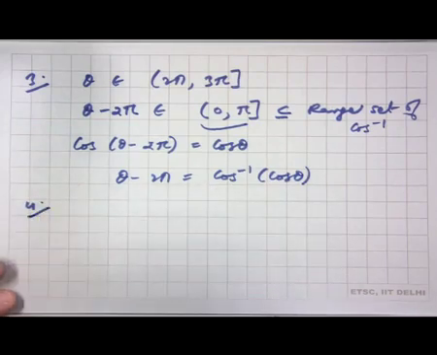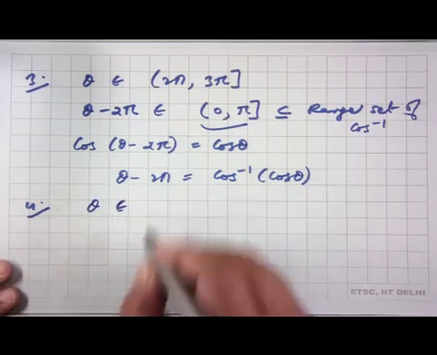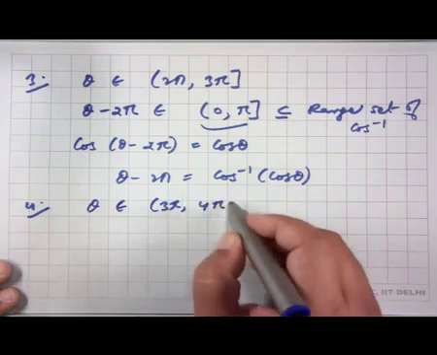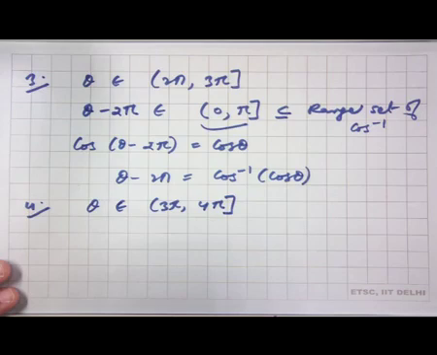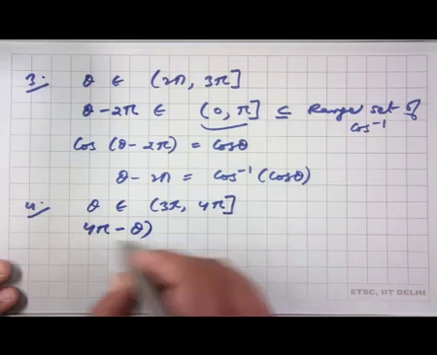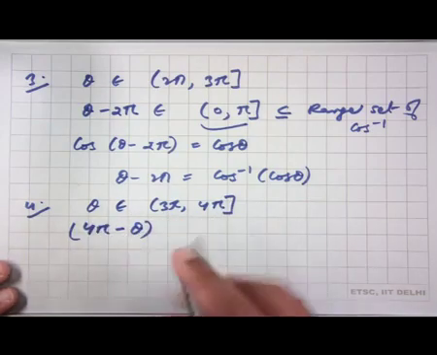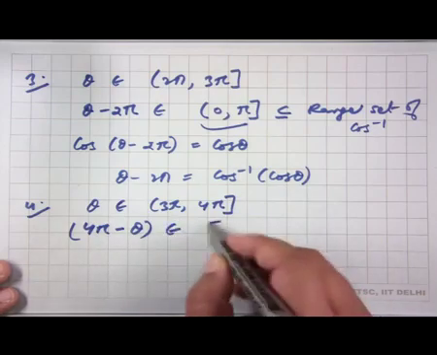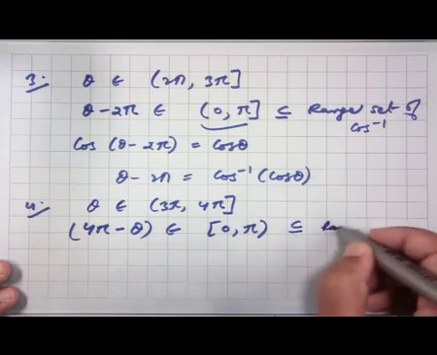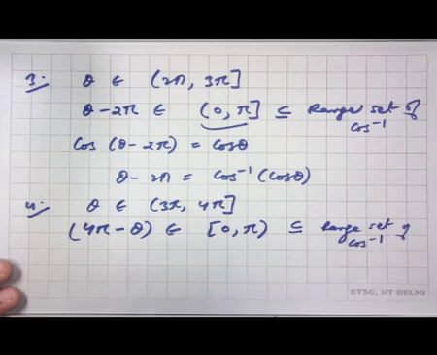The same thing is true for the last scenario where theta belongs to 3 pi to 4 pi. In this case, 4 pi minus theta belongs to the interval 0 to pi, which is again a subset of the range set of cos inverse.